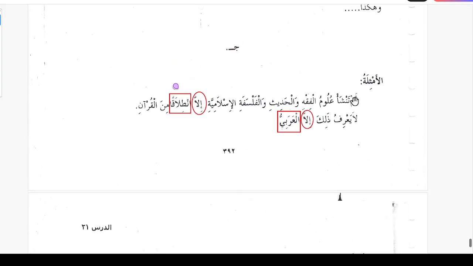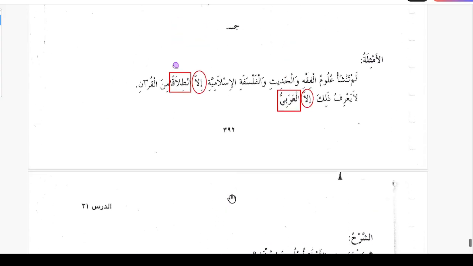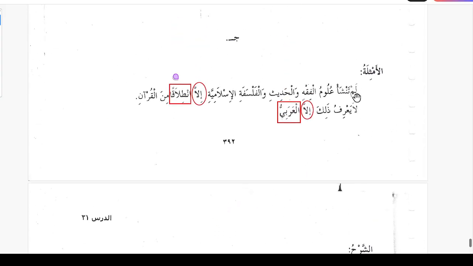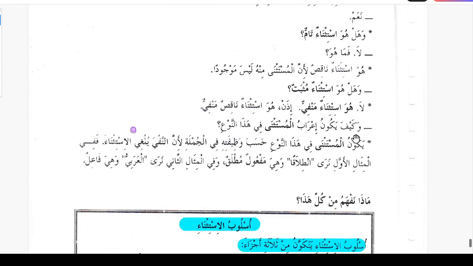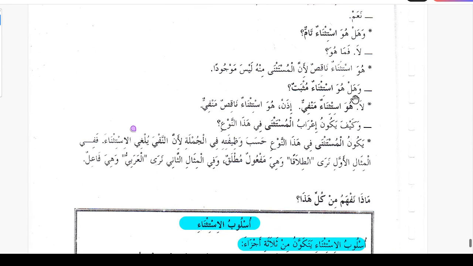The mustasna minhu is not part of the sentence, so it is naqis, and it also starts from negation, so this is also manfi. Wa hal huwa istisnaun musbatun, is this a positive exception? La, no. Huwa istisnaun manfiyun, in this case istisnaun naqisun manfiyun.